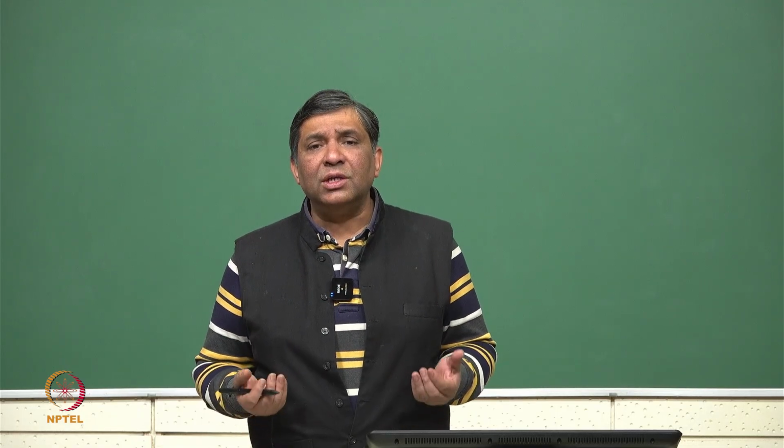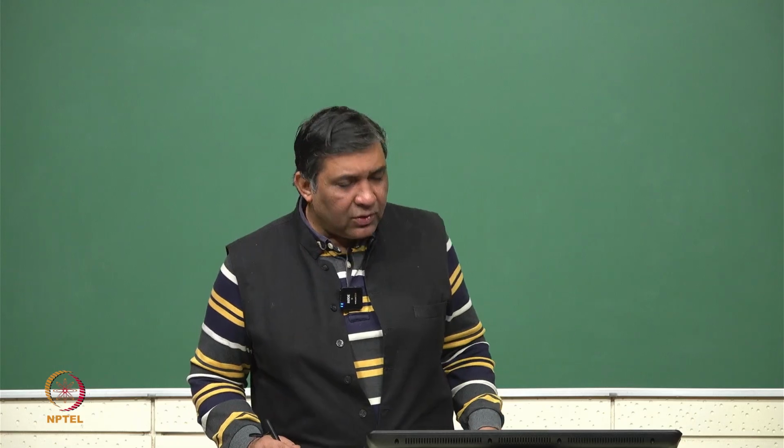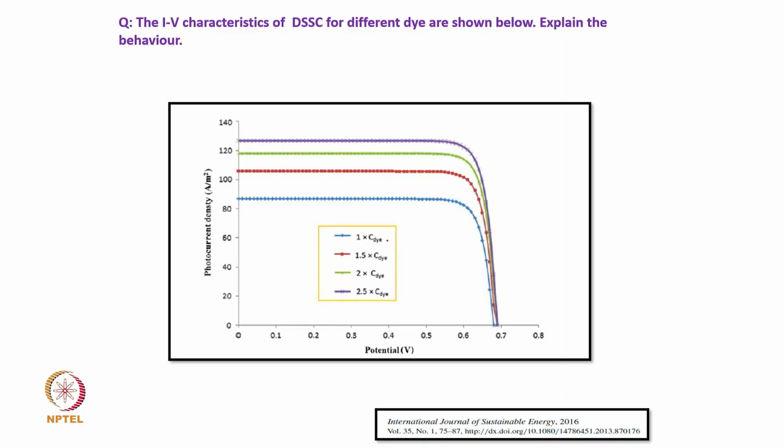One particular estimation is this is 1 times some concentration C dye, this is 1.5 times of that, this is 2 times, and this is 2.5 times of that. So, you can see the dye uptake is increasing this way.